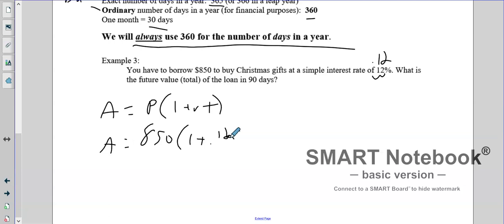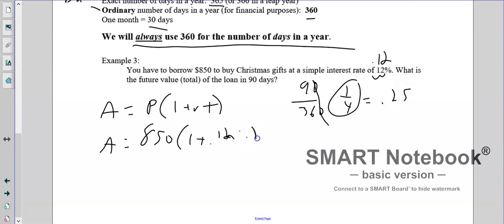And time in this case is 90 days out of 360 days. Which, you might notice, the zeros cancel. 9 goes into 36 4 times. 90 over 360 is the fraction 1/4, which is also the decimal 0.25, which is probably easier for us to use with a calculator. So we're going to do that.